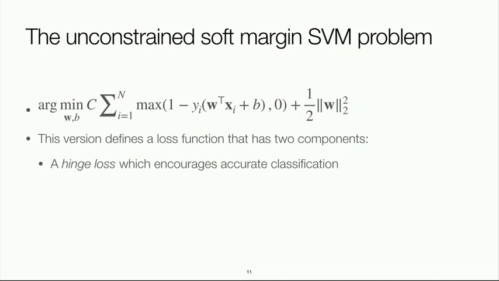We have this hinge loss, and then we have another component, which is just L2 regularization, the norm squared of W. That's the L2 regularization term that we had before. This is kind of neat because we have a view of SVMs that we've derived, where this term is trying to maximize the margin.